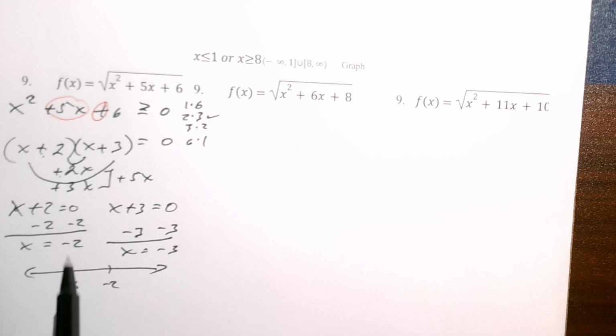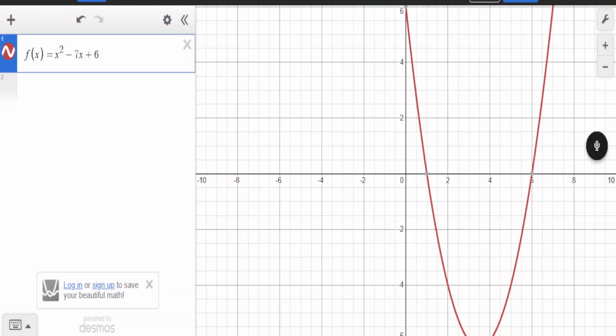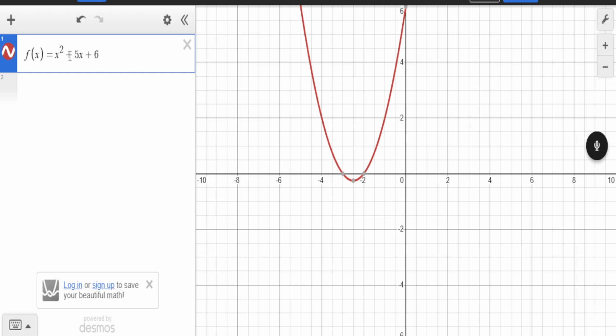And since this is equal, we get to use those two points. The question is, these three areas, which ones are usable? So let's go back to Desmos and ask Desmos to show us what's positive areas and what's negative areas. So I want this to be a plus 5x, and I want the last one to be a plus 6.